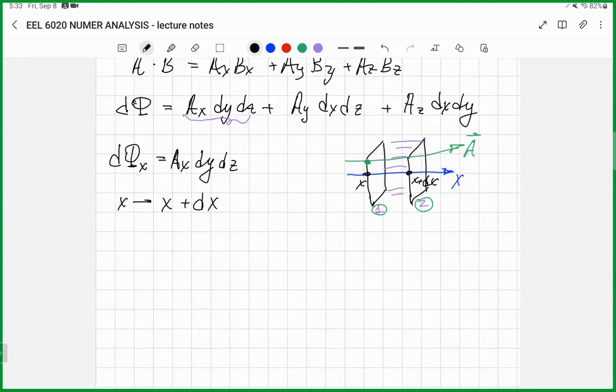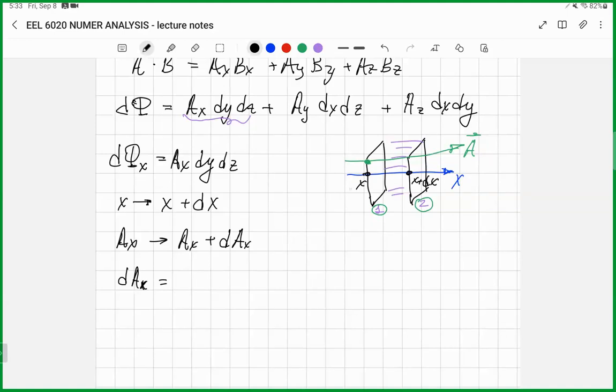And as a result of this, this component of the field, ax, is changed by the amount of dax. And I remind you that this dax is the differential of the corresponding component.